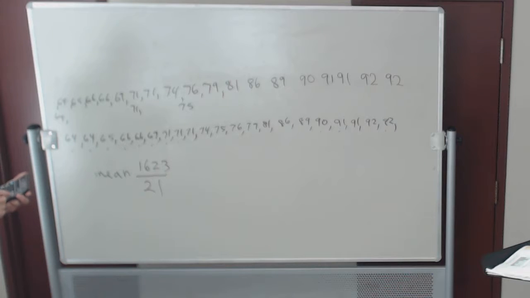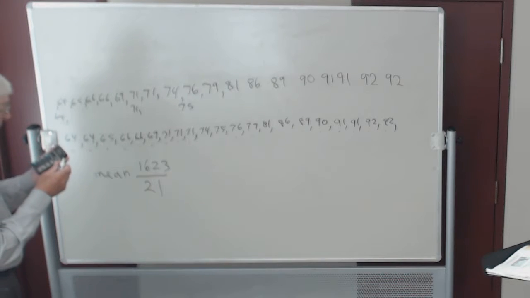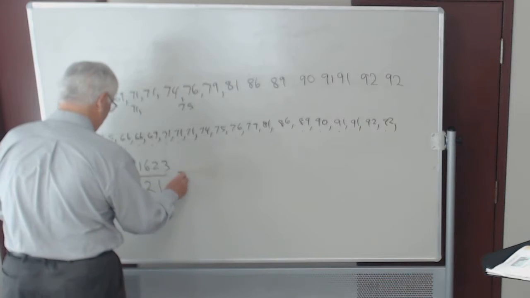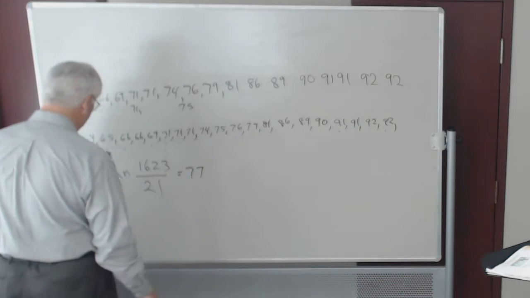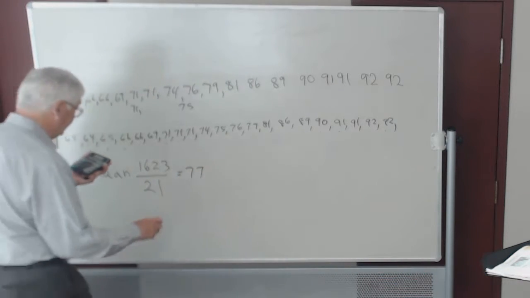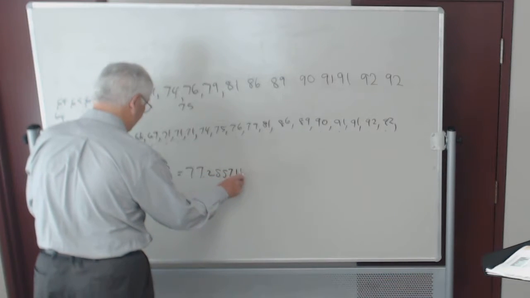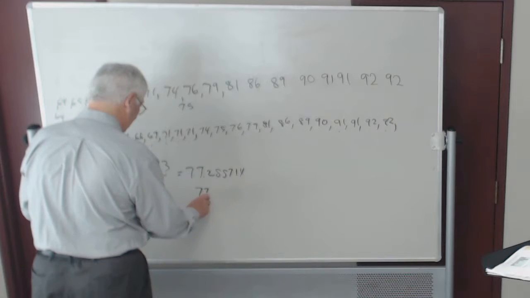So then we divide that by 21 and we get, boy, I can't read the decimal point on this thing. 77.285714, and I just call it 77.